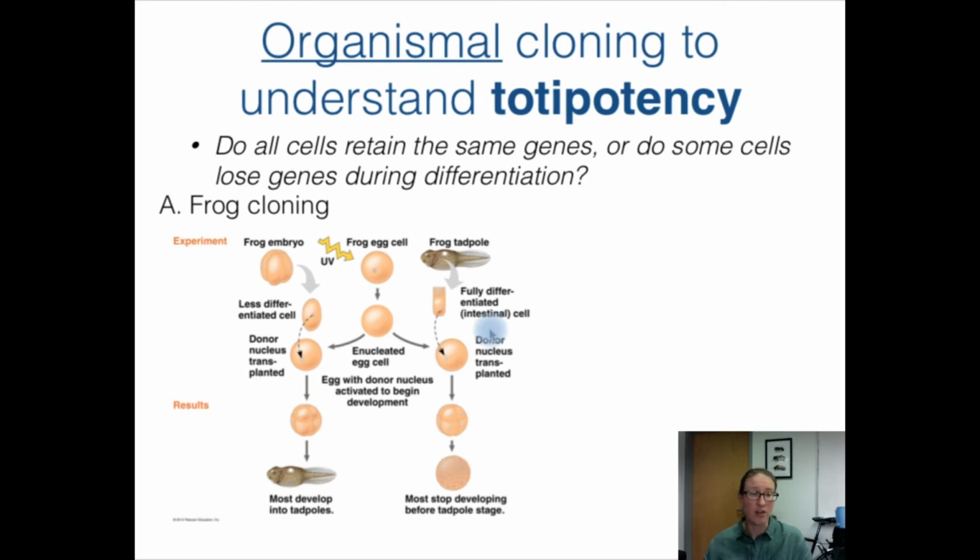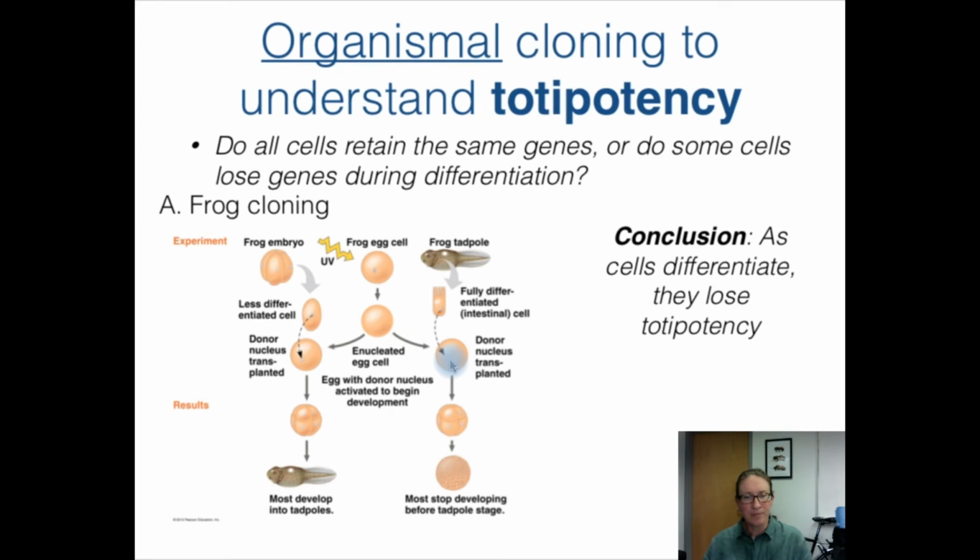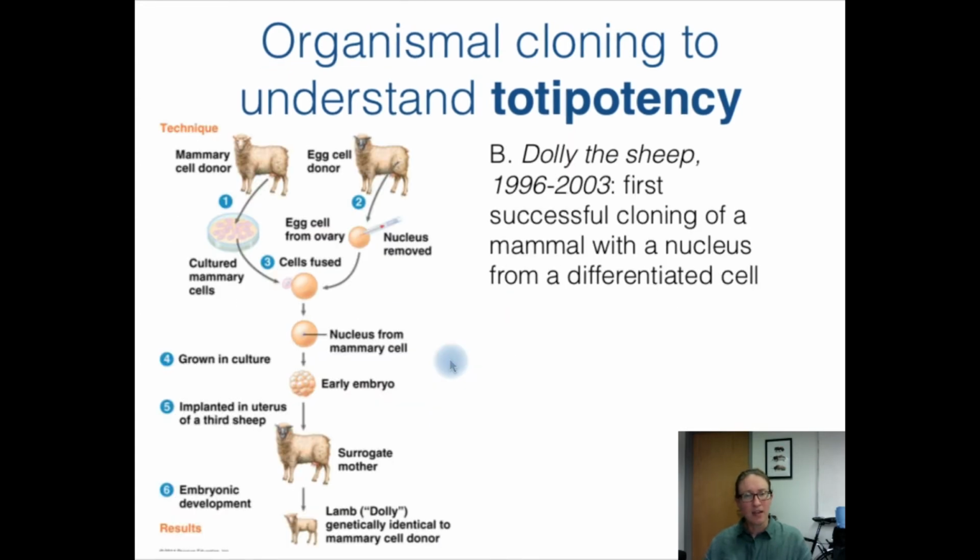And in contrast, it also tells us that the information that's in the nucleus remains consistent in those differentiated cells. So they're differentiated due to factors in the cytoplasm, not due to factors in the nucleus. And that also reinforces the general message that as cells differentiate, they lose this ability to be totipotent, and that's due to changes in things in the cytoplasm.